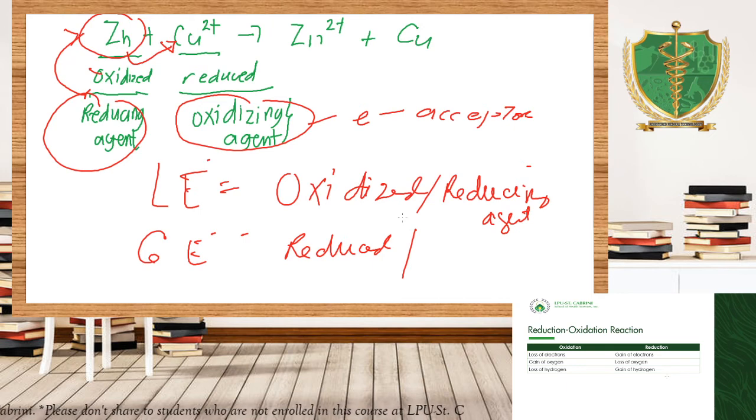And when you gain electrons, you are the oxidizing agent that removes electrons from the other species, and you are referred to as the electron acceptor.